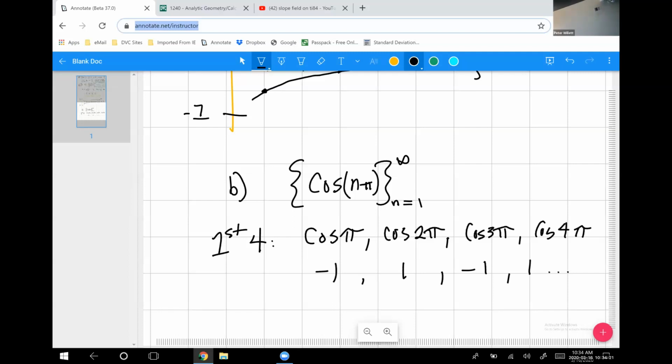So what we can see in this sequence, just by doing the first few terms, is that it's just oscillating back and forth between -1 and 1.